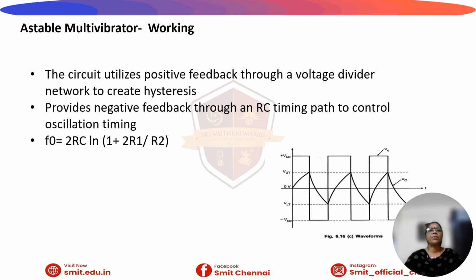The circuit utilizes positive feedback through a voltage divider network R1 and R2 to create hysteresis. It provides negative feedback through an RC timing path to control the oscillation timing. The frequency of oscillation f is determined by the resistor and the capacitor. f is equal to 1 by 2RC ln of (1 plus 2R1 by R2).